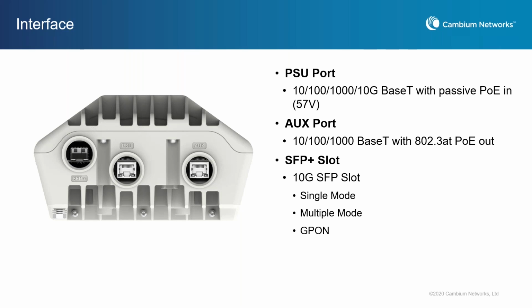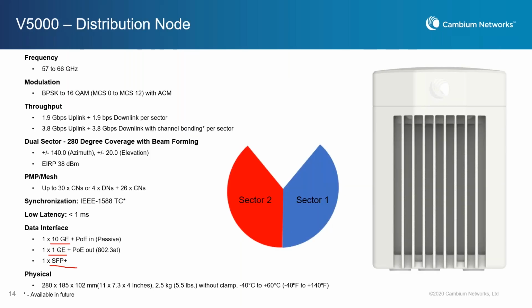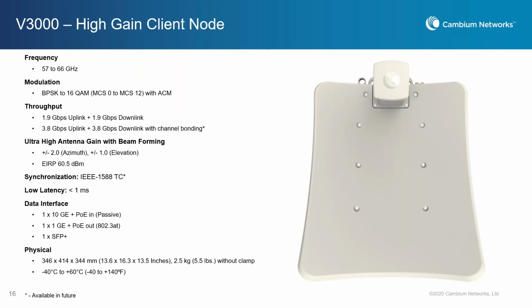This is very important because the beam width itself is only 0.8 degree. Even if we talk about line of sight, 0.8 degree is a pretty big challenge for alignment. With this beamforming capability, the installation work is much easier.